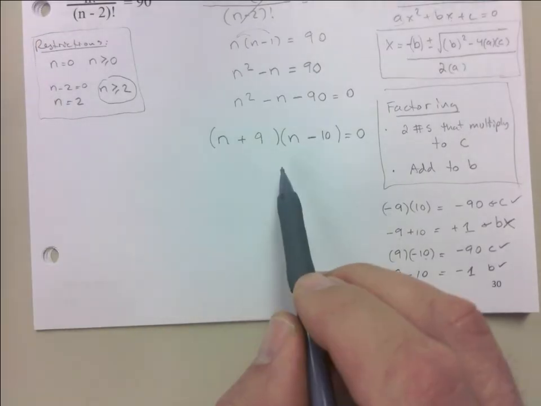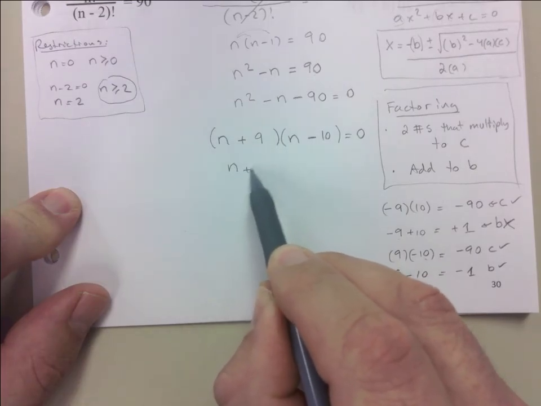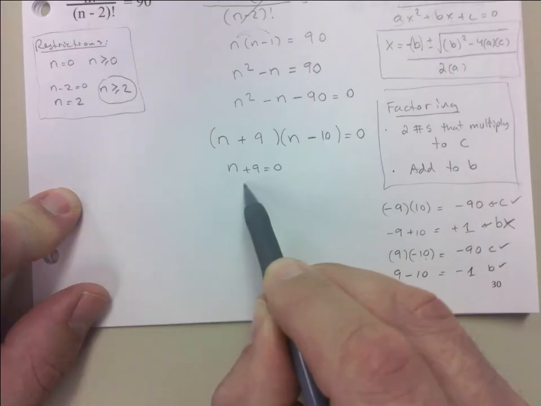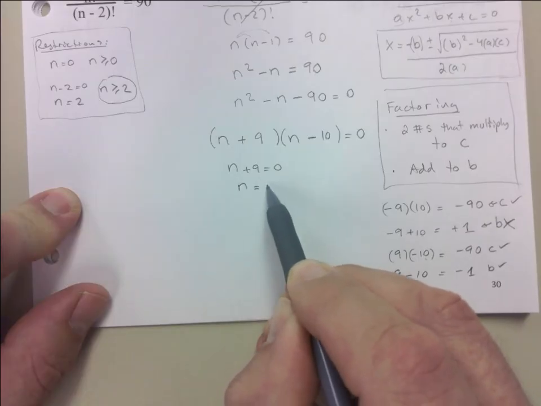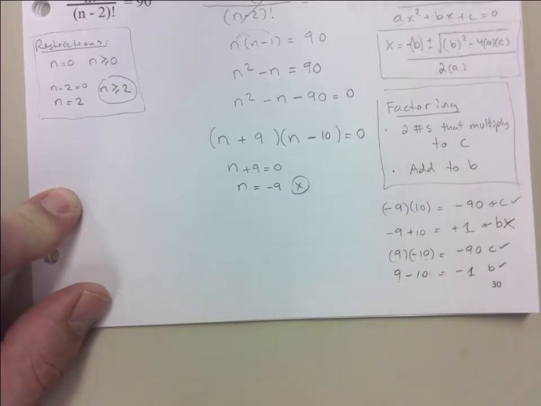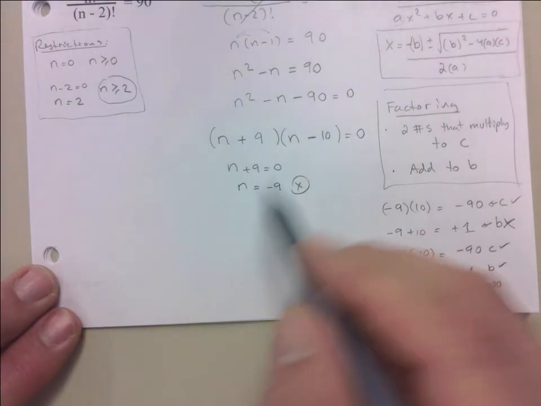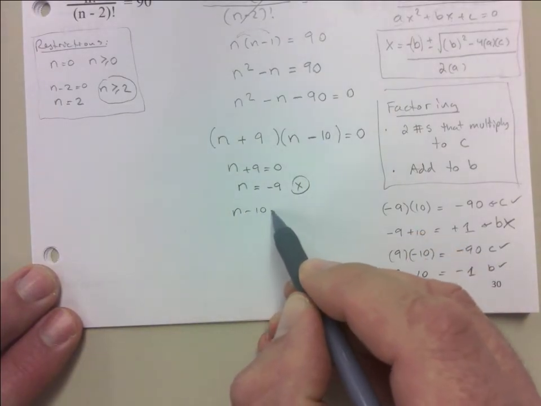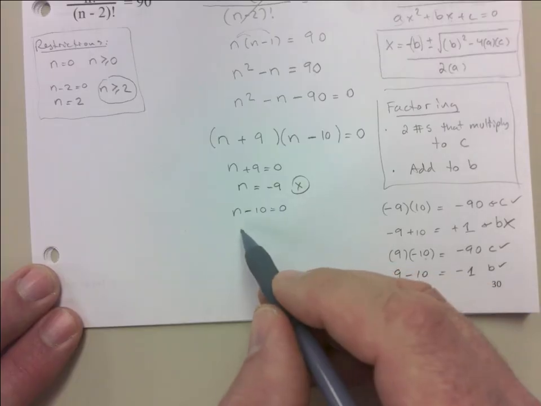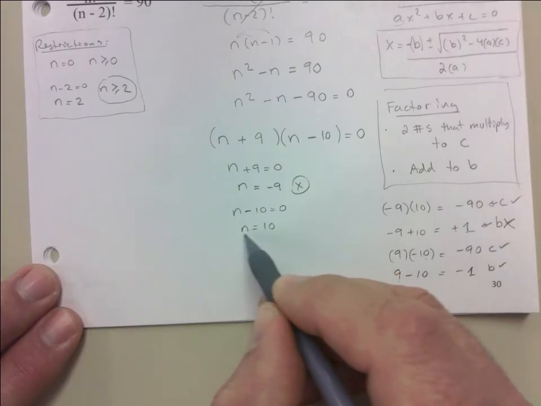So what are my two solutions here? This is the first one. n plus 9 is equal to 0, which means that n is equal to negative 9. This one does not work. We can't have negative 9 as our answer. The other one is n minus 10 is equal to 0. The 10 comes over, n is equal to 10.